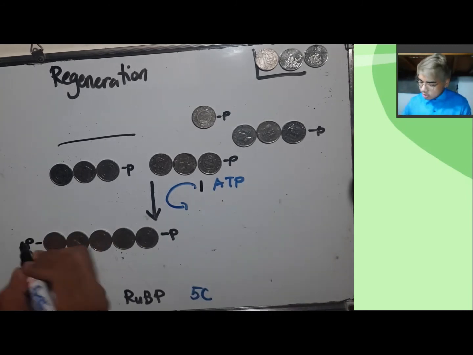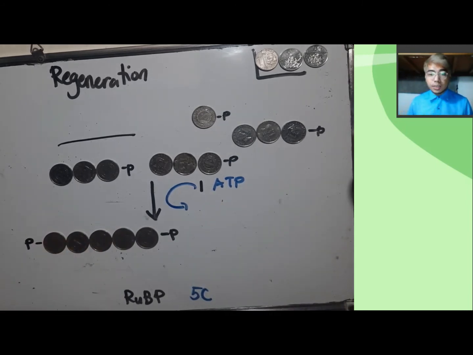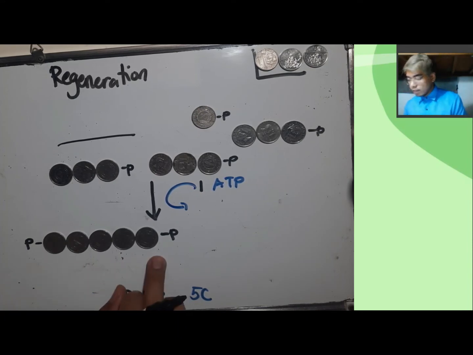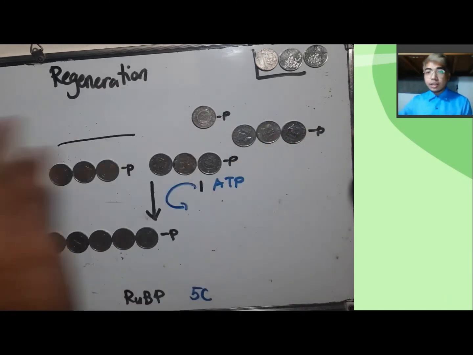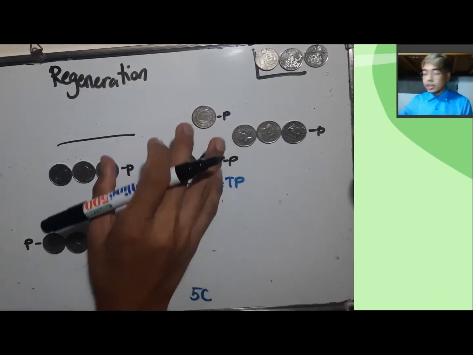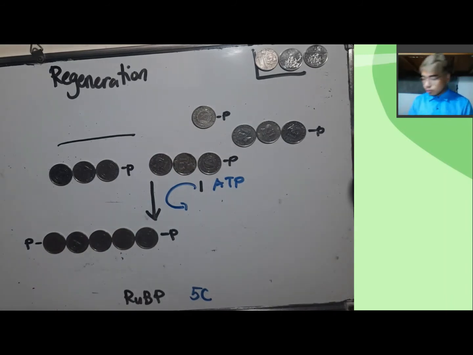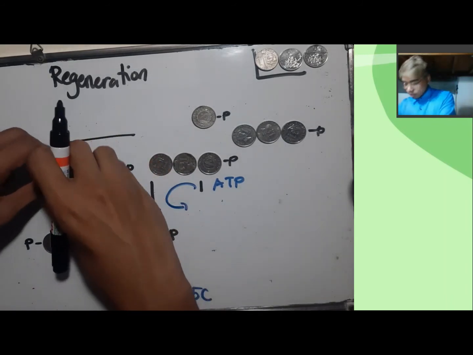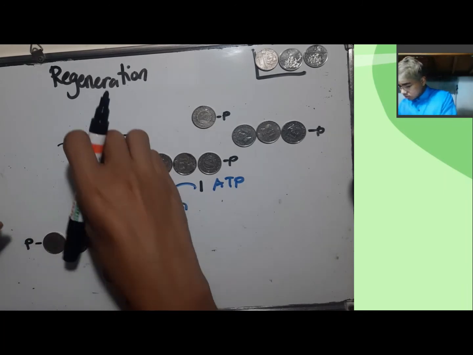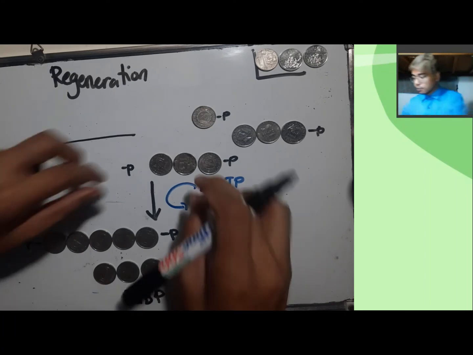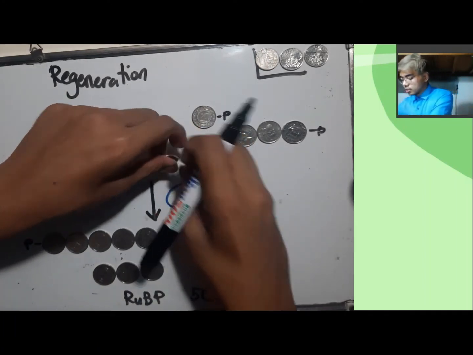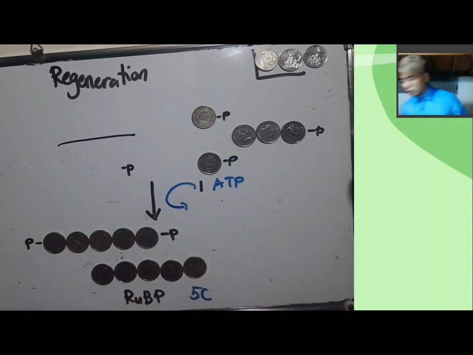So we already utilized 1 phosphate from the ATP. Remember, RuBP is ribulose 1,5-bisphosphate. Okay? So that's the first case. Now, we still have a few remaining carbon backbones from our G3P. Now, we're going to utilize 3 of them once again. Then, since it is not enough, let's get 2 more carbon backbones.